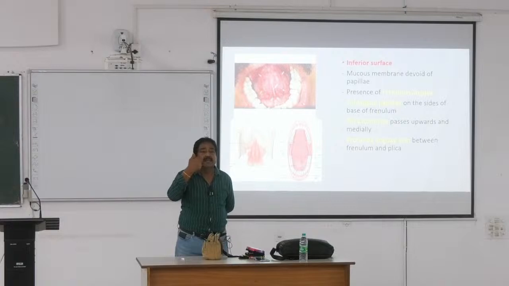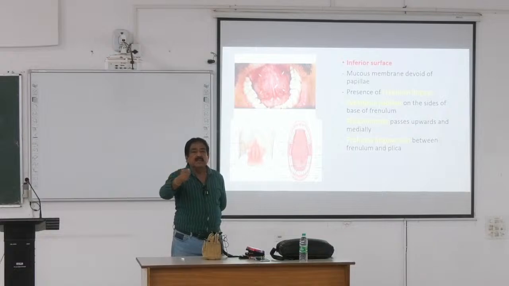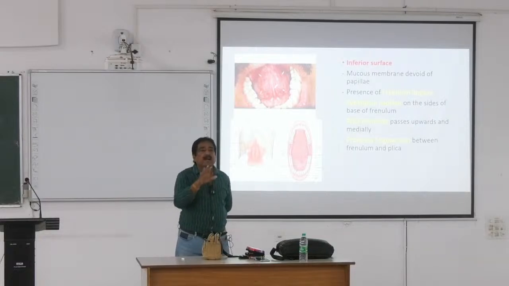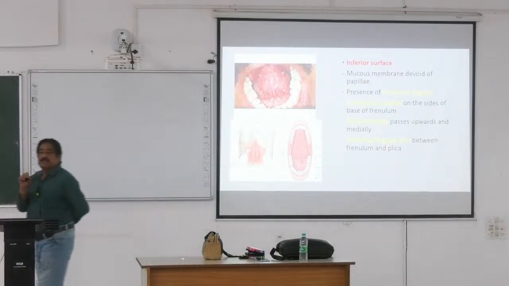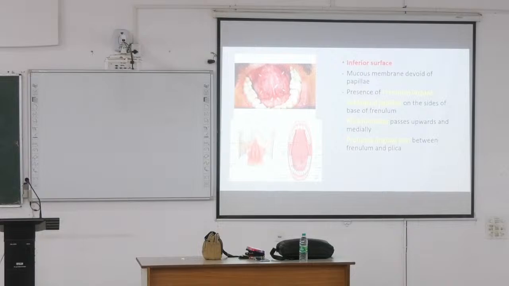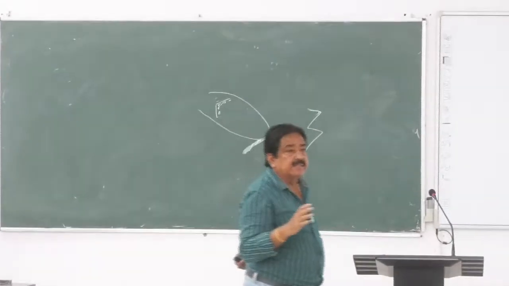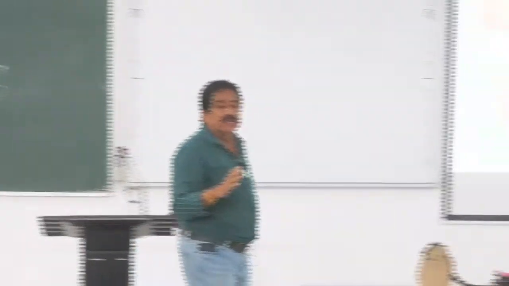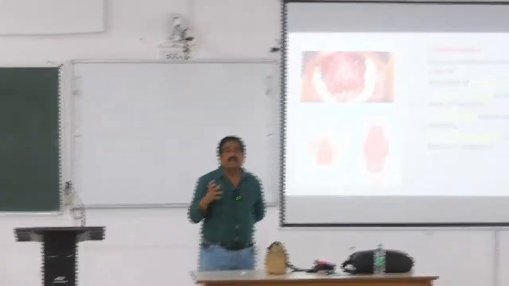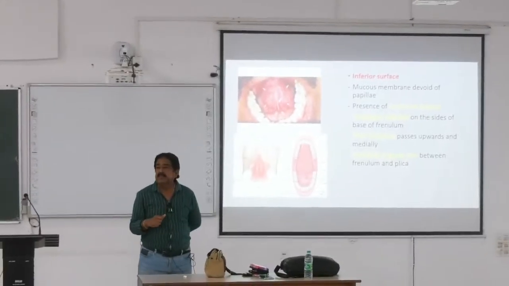So that you have to examine with your tongue depressor. You see and ask the patient to protrude the tongue. And if need be, because it is lined by squamous cell carcinoma, you take a biopsy from that lesion and try to evaluate histopathologically the type of problem.